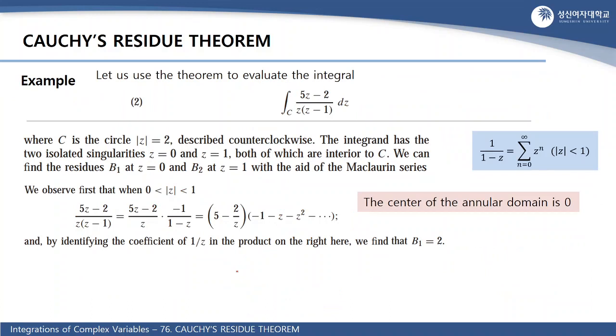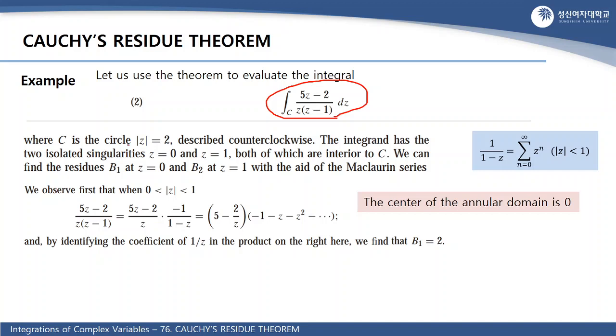Okay, to see what the theorem says, let's check the example. Let us use the theorem to evaluate the integral, given expression 2, the integral along the contour C of (5z minus 2) divided by z times (z minus 1) dz.